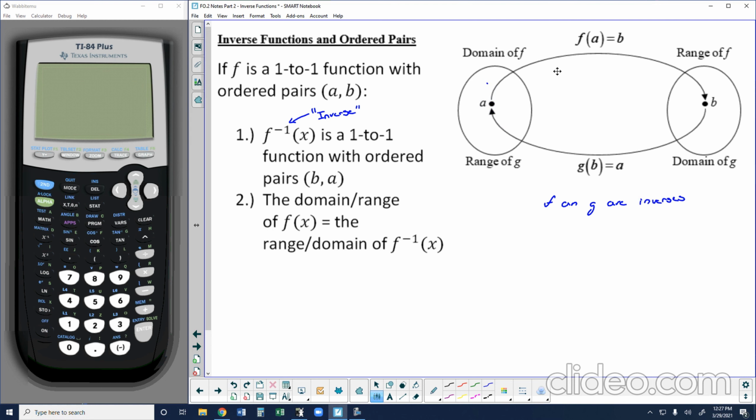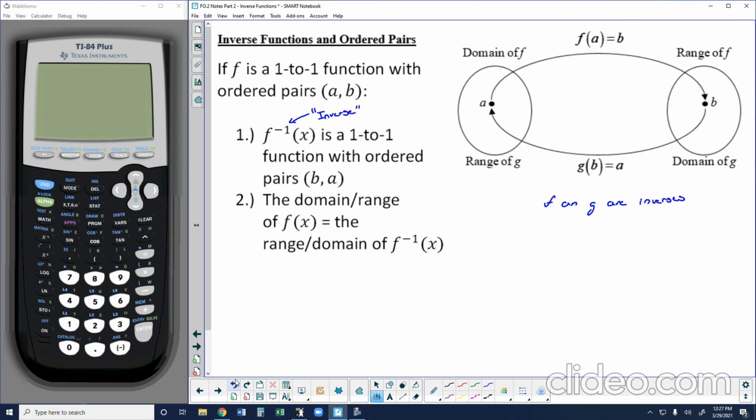So on f, a is an x coordinate, but on g, a is a y coordinate. Vice versa, this bubble here would be represented as b, which is the range of f, a y value, but the domain of g, an x value. So inverse functions take x values and y values and switch them amongst one another.